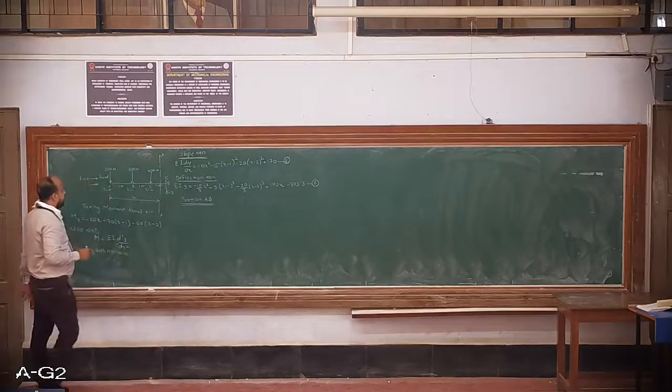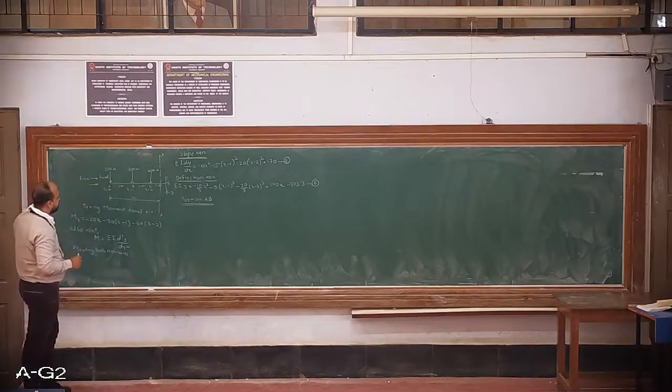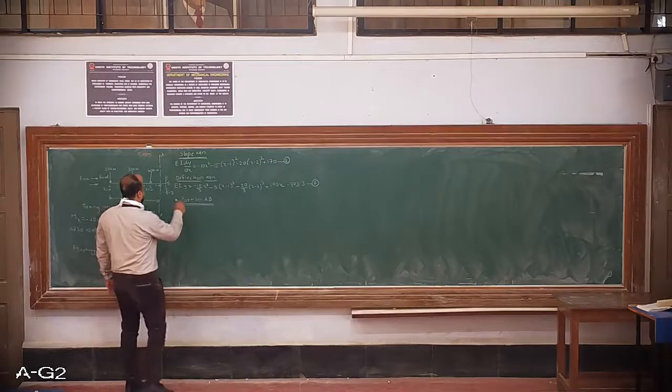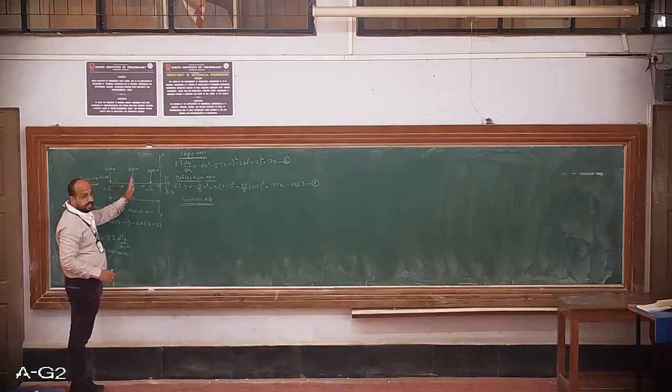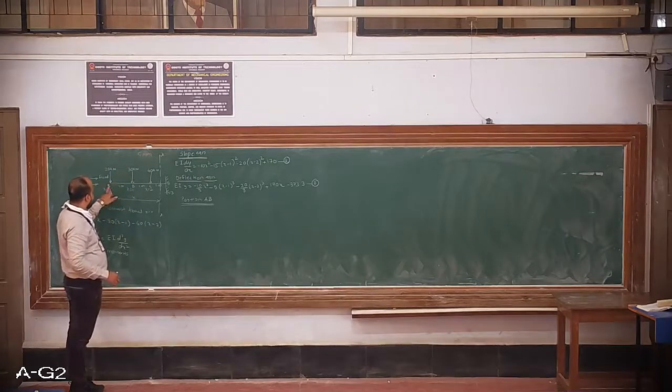At portion AB, I am not considering B, I am considering between A and B, so the load at point B will not come initially. Between AB there is only one load.